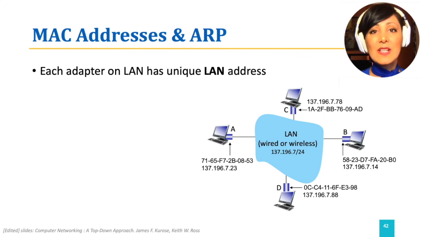The MAC address of the NIC for host A is 7165F7-2B0853, all in hexadecimal numbers. This does not depend on the subnet. We use IP addresses in the network layer functions such as routing and MAC addresses in link layer transmissions.